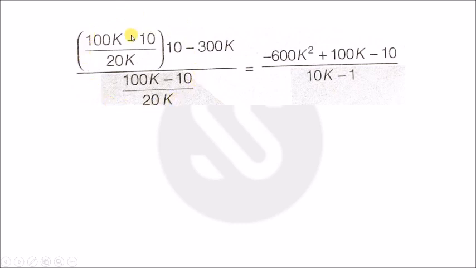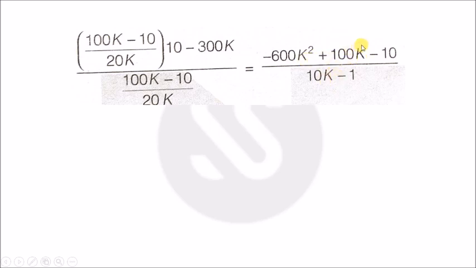If we take this greater than 0, what will we reach? If you solve this one, we reach minus 600k square plus 100k minus 10, divided by 10k minus 1. From this equation, we can see that whatever value you take for k, the k square must be very large compared to the k value. Let's say k is 1, so k square is 1, fine. But if k is 2, k square is 4. If k is 3, k square is 9.